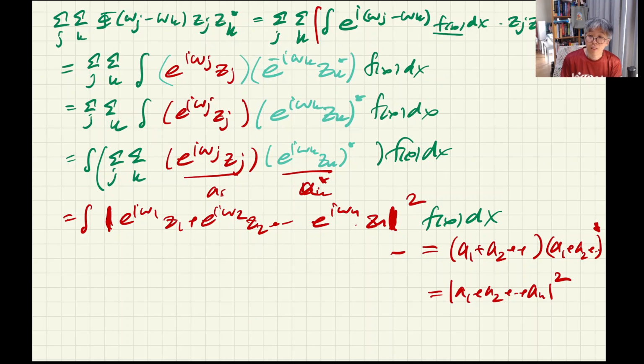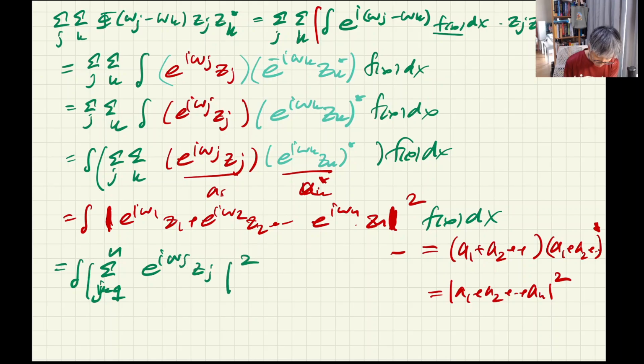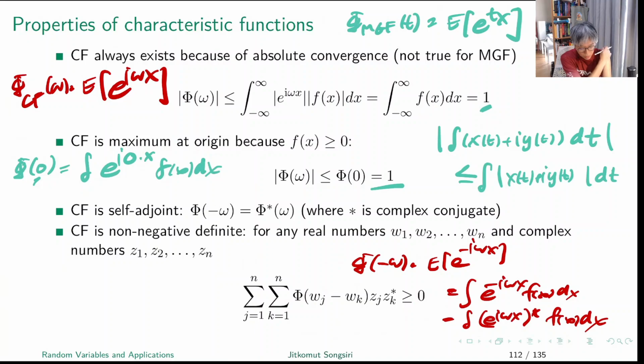So we arrive at this integral, the sum from j equals 1 to n of e to the i omega j cj, modulus squared, times fx dx. So you have an integral of a non-negative number with fx, which is always non-negative. So this integral must always be non-negative. Okay, so this is the last property of the characteristic function.